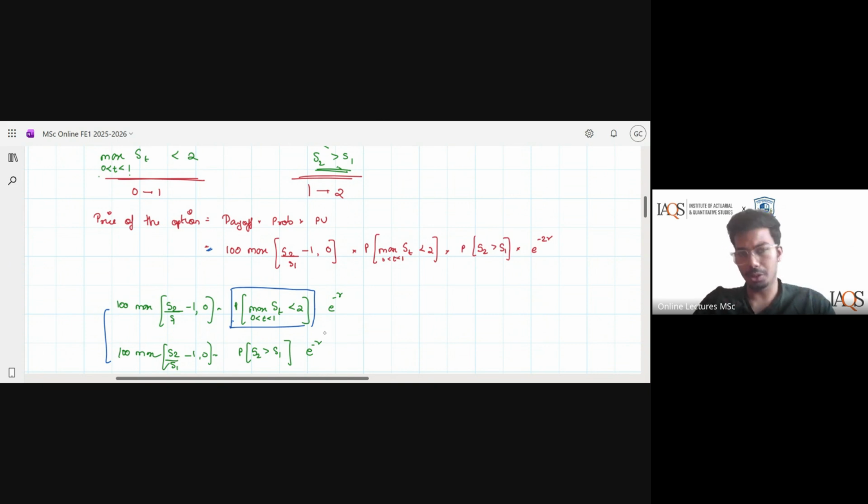We applied the probability of time one only in the first part, and the probability of time two only in the second part.